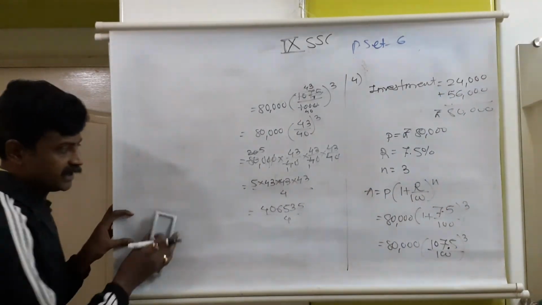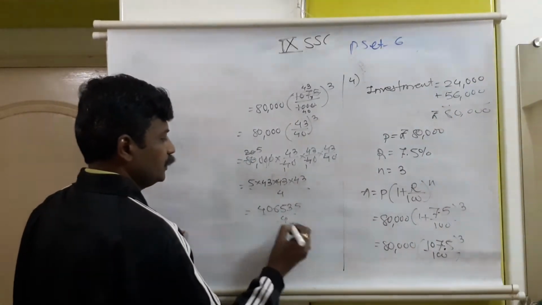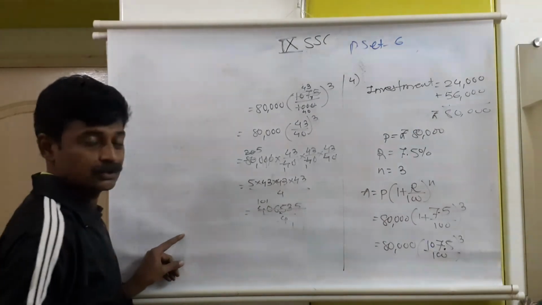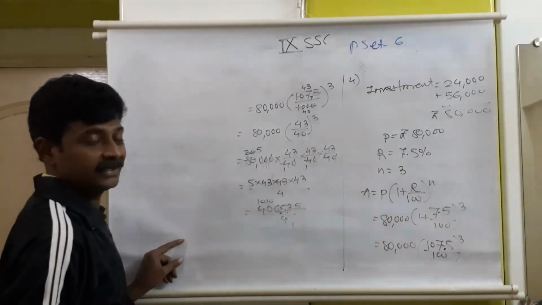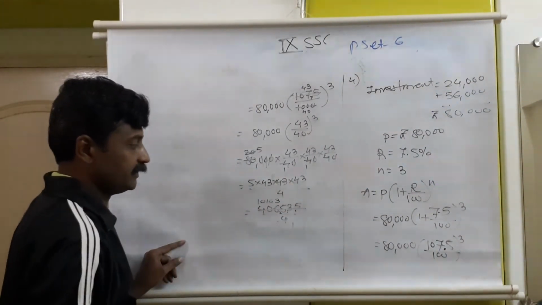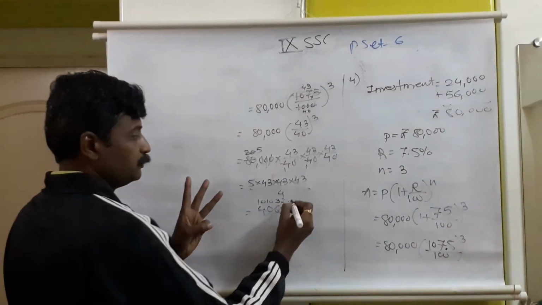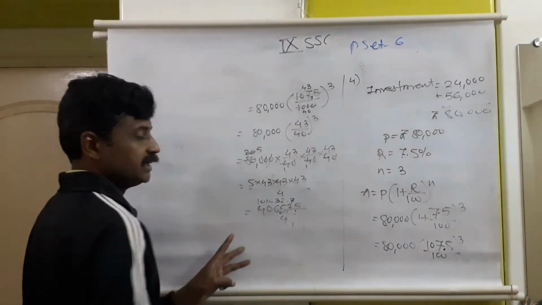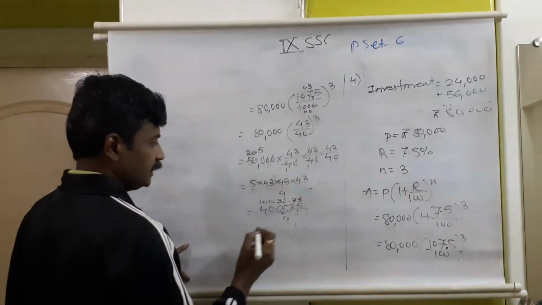So after dividing the numerator by 4, 4 ones are 4, 0 as it is, again 4 ones are 4, remainder will be 2, it will be there 25. 4 sixes are 24, remainder is 1, 13. 4 threes are 12, remainder is 1, 15. 4 twos are 8, remainder is 3, the decimal point will make that 3 as 30. 4 sevens are 28, remainder is 2, 2 will convert into 20, and 4 fives are 20.